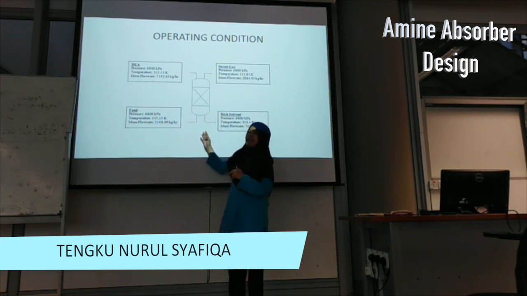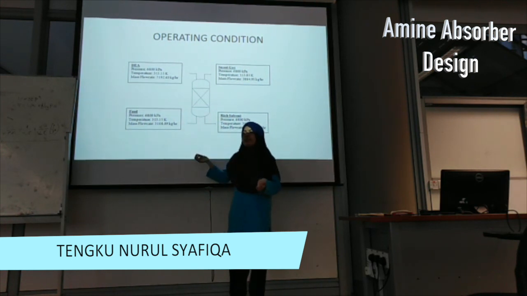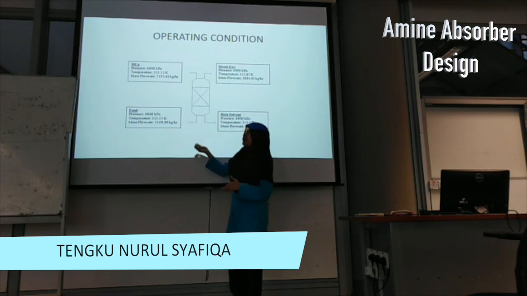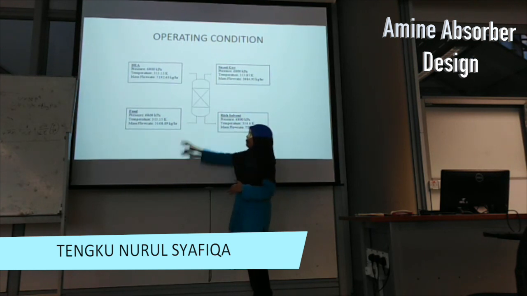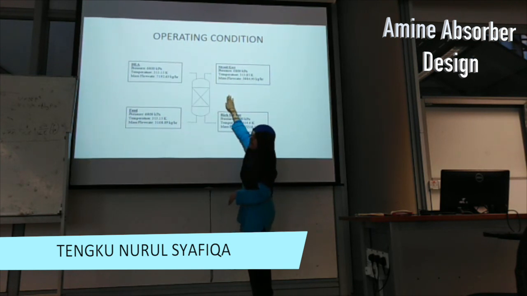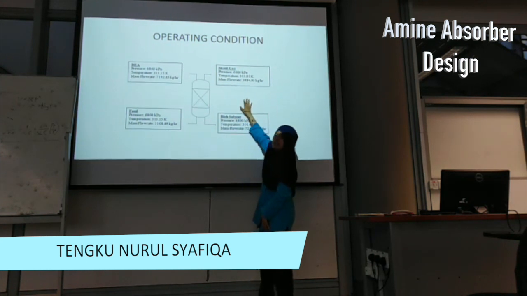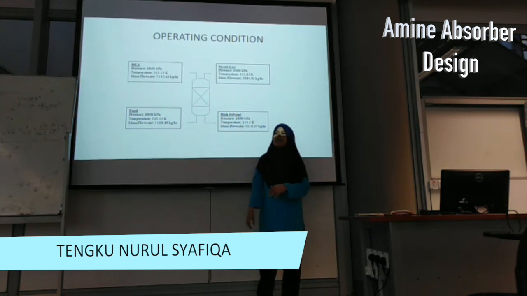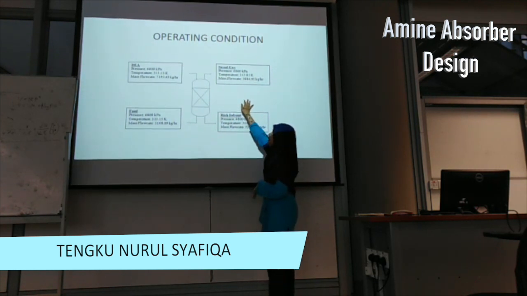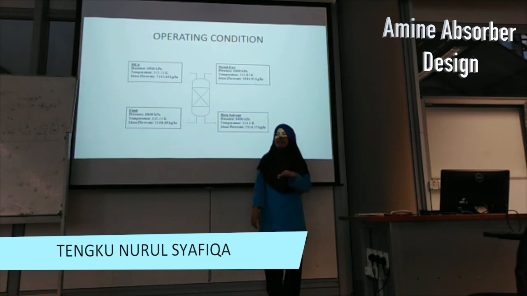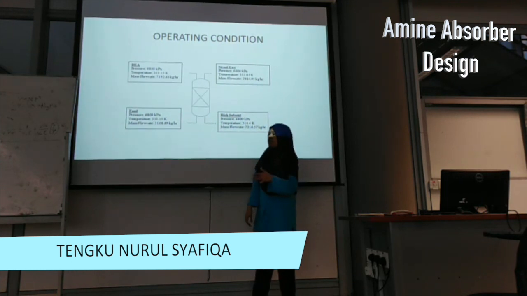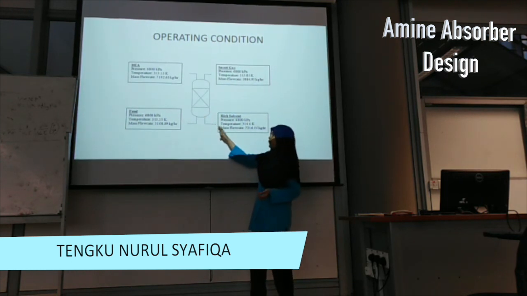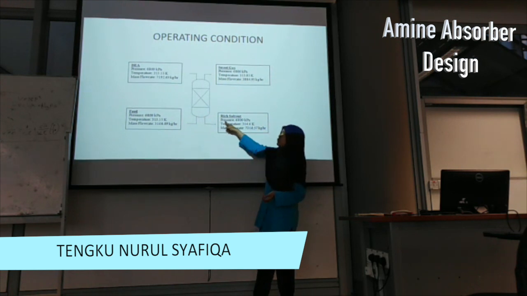So this amine and gas will contact each other, and then the amine will absorb H2S from the gas, resulting in our desired product that flows out at the top of the column, which is sweet gas. This sweet gas is the gas that is free of H2S. The amine that absorbed H2S earlier will flow out at the bottom of the column as rich solvent.